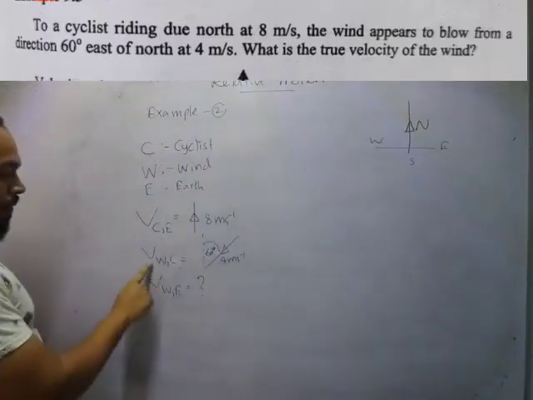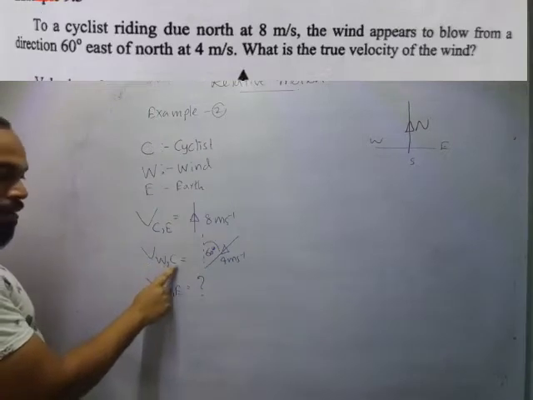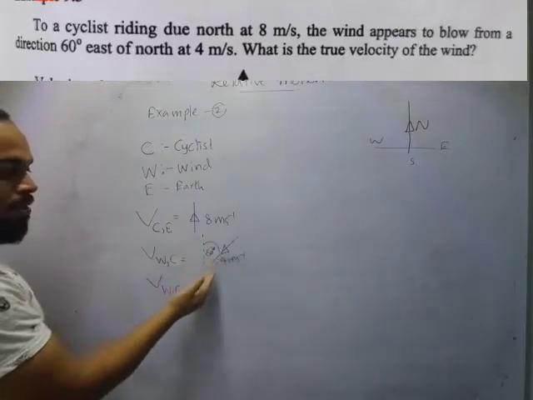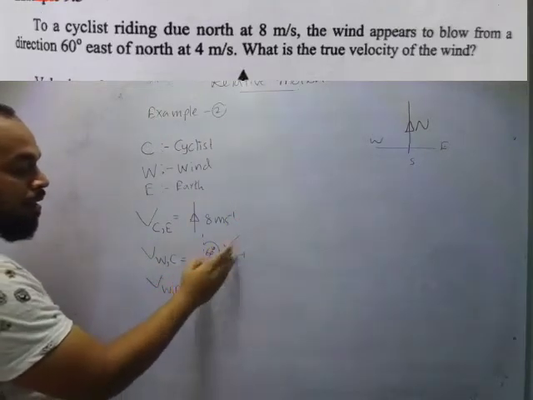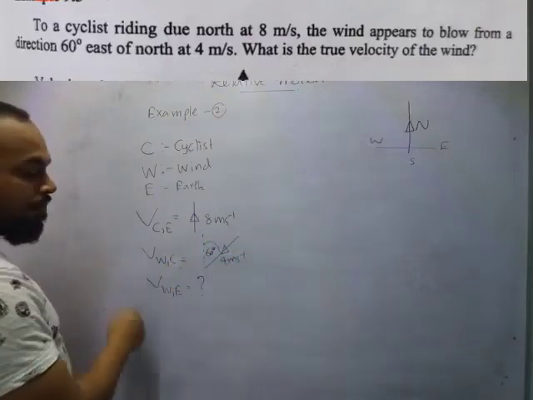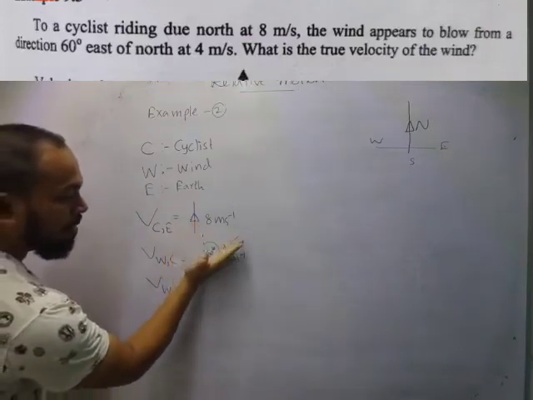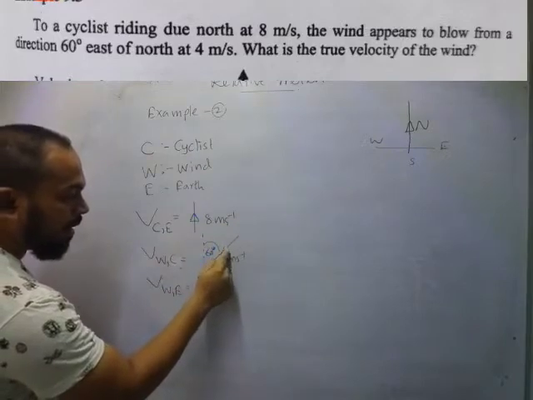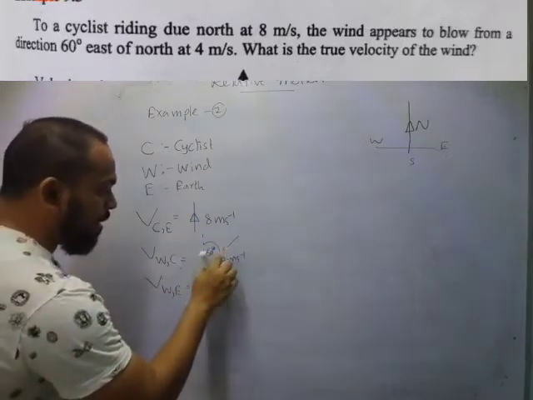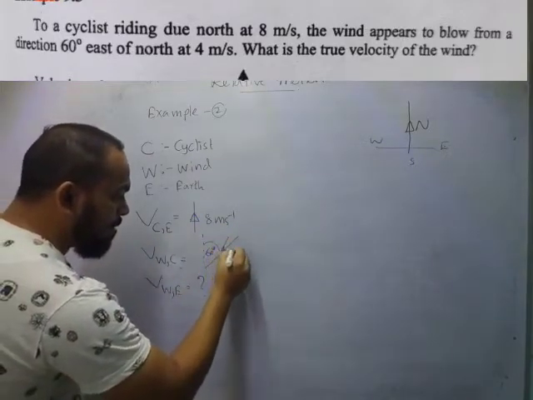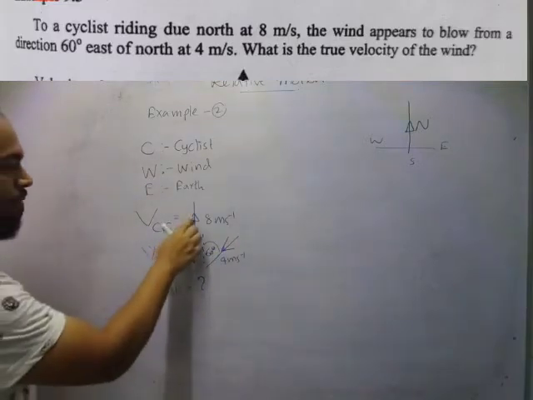Appears means velocity of wind relative to cyclist. It appears to come from 60 degrees east of north, right? Look, north and 60 degrees, with the arrow like this. Now here's the arrow in this direction, right?